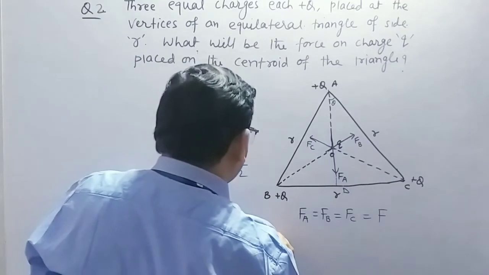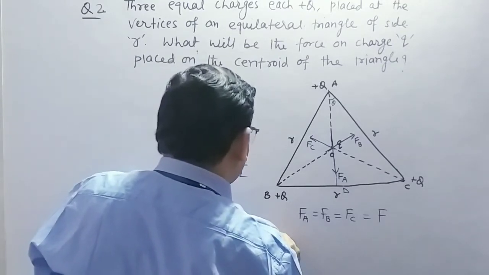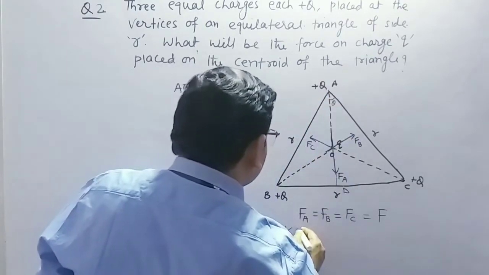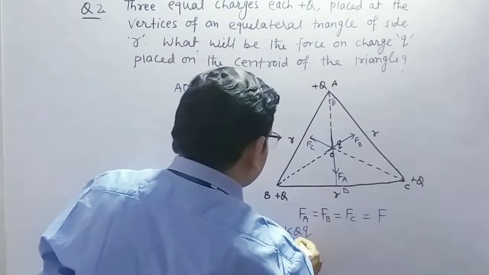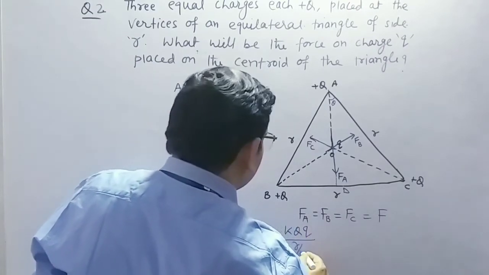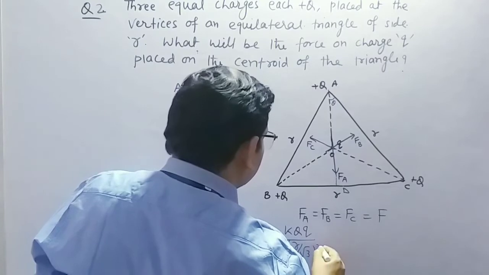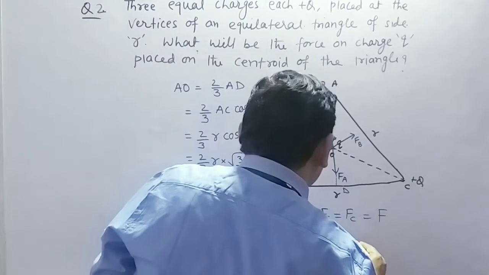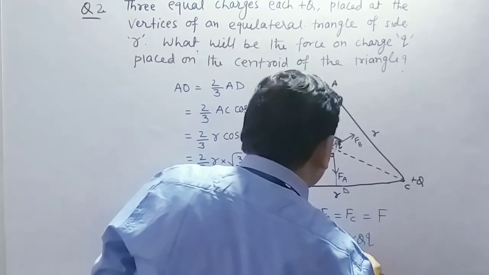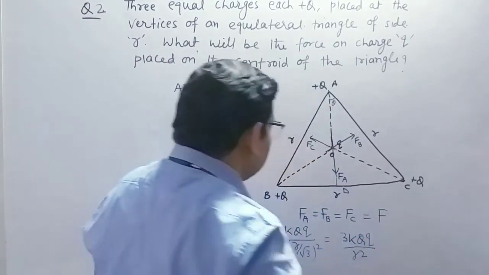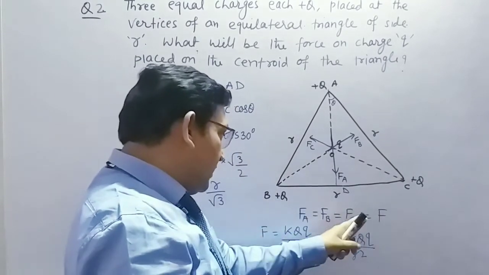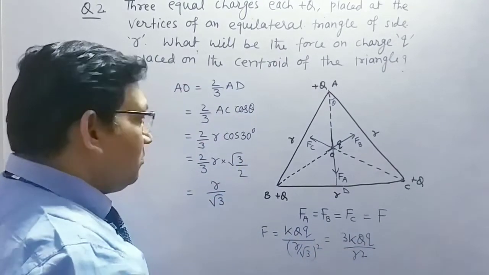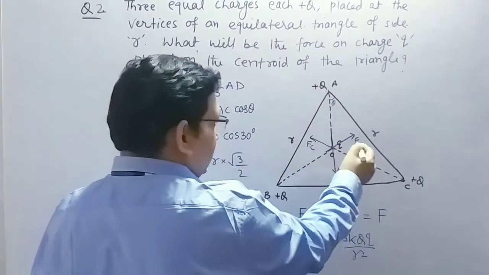If you write one of the forces, F equals K, capital Q, small q, over the distance R/root 3 squared, which is equal to thrice KQq by R square. So all the 3 forces are equal in magnitude and their value is thrice KQq by R square.